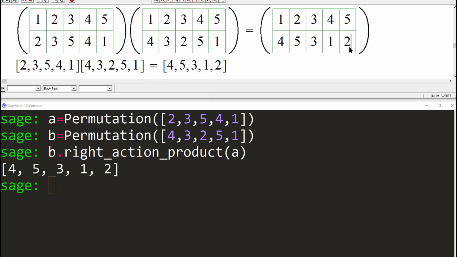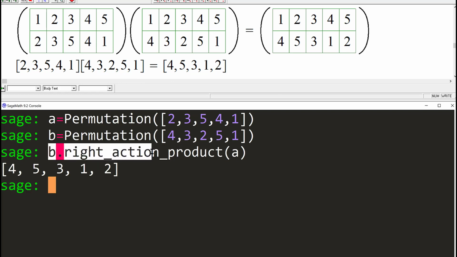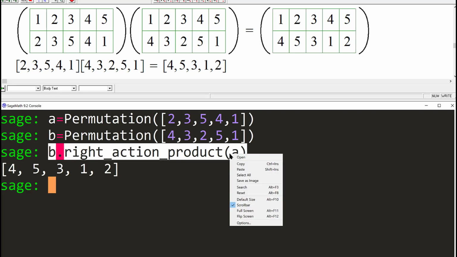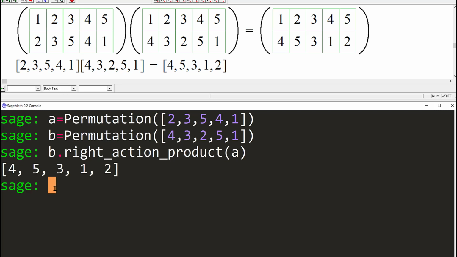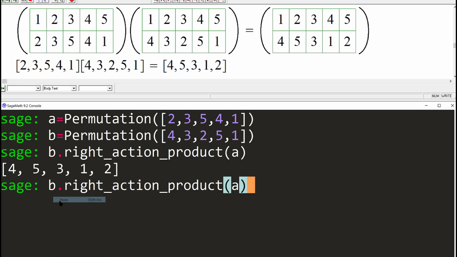And if we do it the other way around, that is, we change A to B, and B to A, this will be the product the other way around.